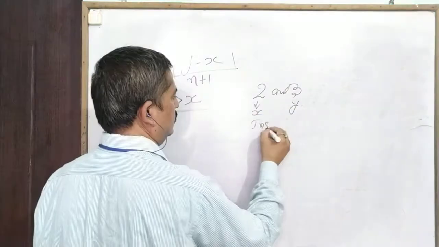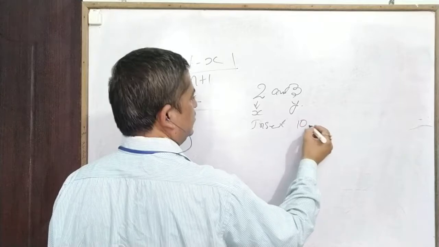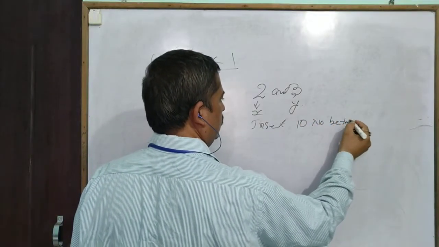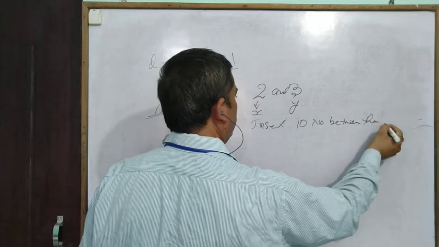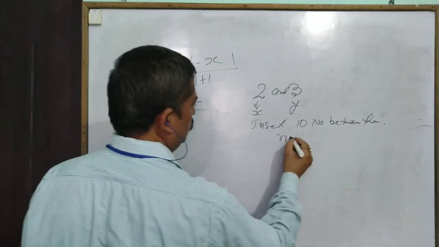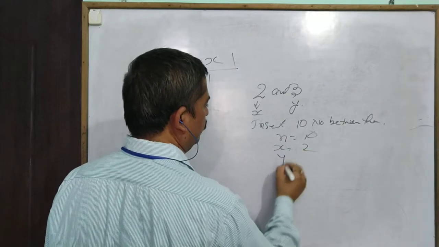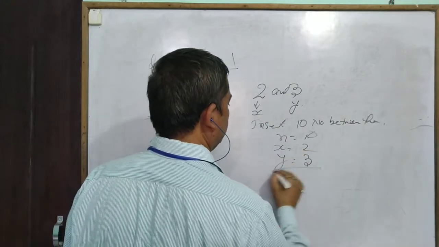Insert, say, 10 numbers between them. So n is equal to 10, x is equal to 2 and y is equal to 3.